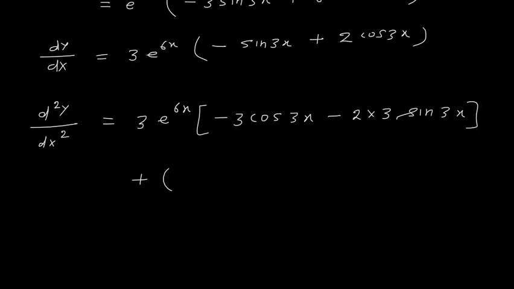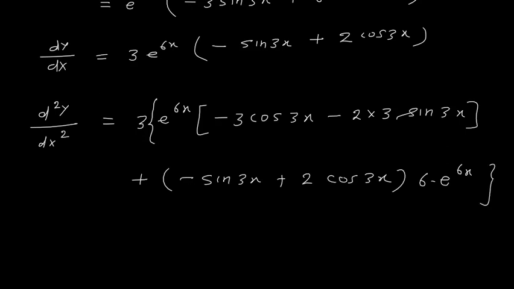Plus here inside the bracket we have minus sin 3x plus 2 into cos 3x. I can write this 3 common. 3 is common for all the terms, I have taken 3 outside. So this into the derivative of e power 6x is 6 into e power 6x. Right?